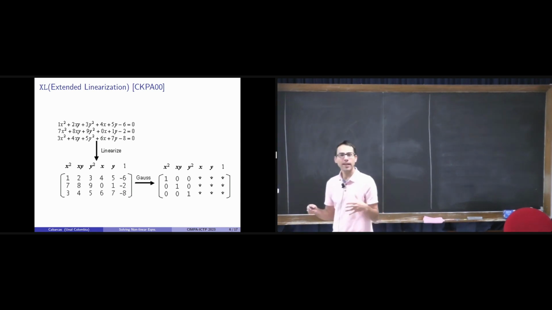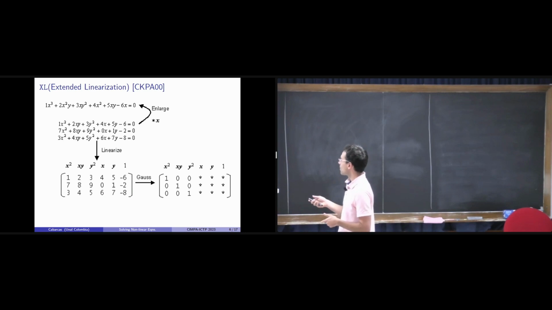But let's say we know it's not a Groebner basis. Now, how can we get more polynomials? One way to do it is we take each of the original polynomials and we multiply them by variables. Let's say the first one we multiply by x to form this new polynomial, x cubed, 2x squared y, 3x y squared, 4x. And this is an element in the ideal. We can do this with every variable and with every one of the three polynomials.